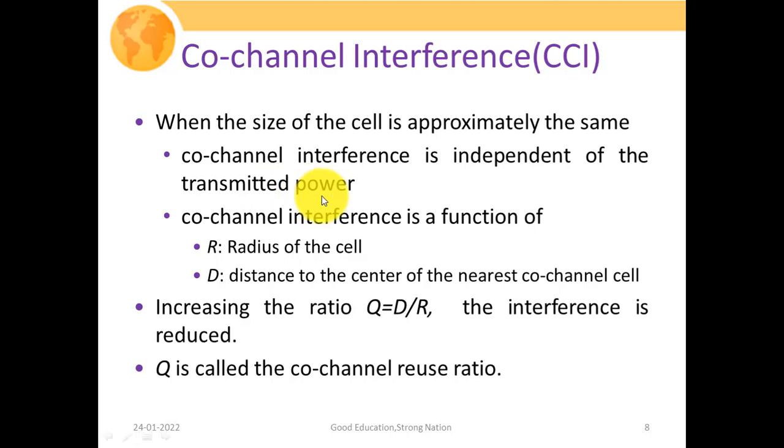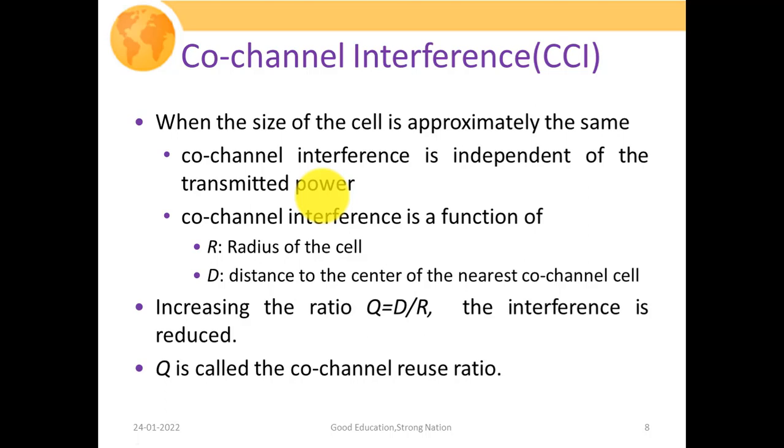So let us consider a scenario where all the base stations transmit their signals with the same power. A particular user is connected with a particular base station and is receiving the signal from its base station, and it is also getting some interference power from the other base stations, or you could say the co-channel cells' base stations. Since the distance is the same, suppose a particular base station tries to improve its signal to noise ratio by increasing its power.